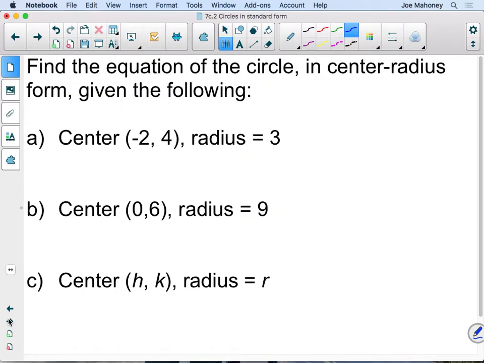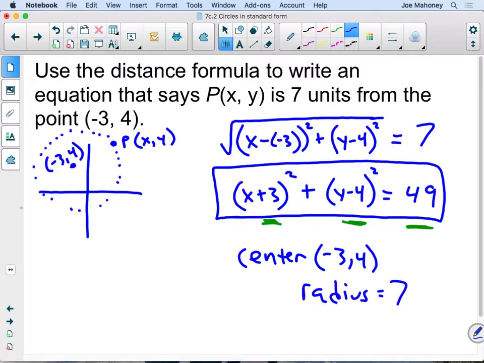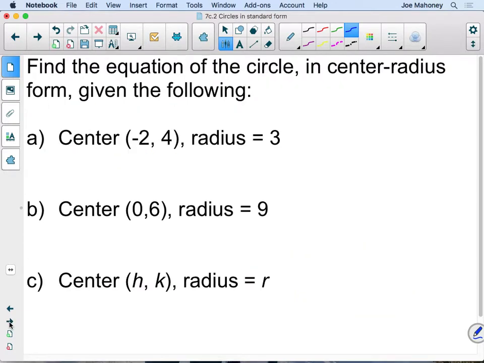So let's play a little bit. Let's find the equation of this circle. We're going to call it center radius form because, can you tell where the center is? The center's at -3, 4, and the radius is 7. So let's see if we can do the same thing here.